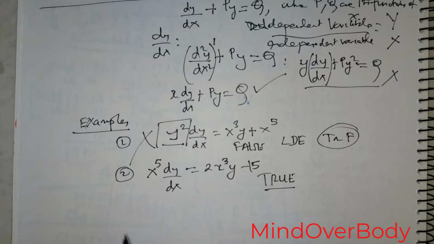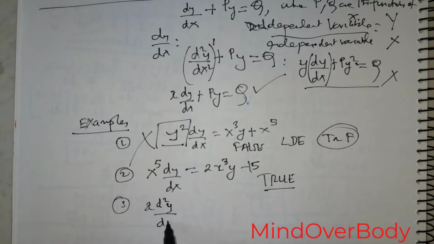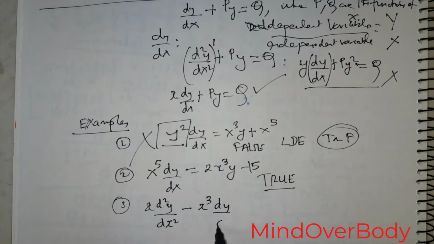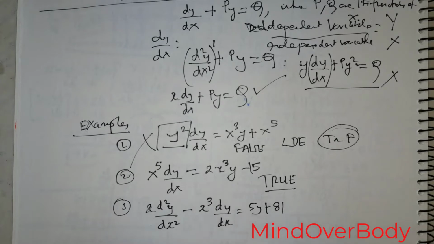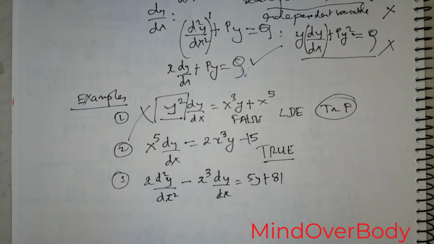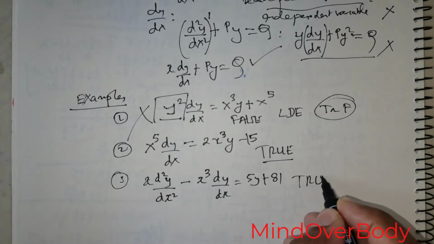So have that in mind. Now, coming to example number 3. Say for example you got something like this: x times d squared y over dx squared minus x to the power of 3 dy over dx is equal to 5 times y plus some 81. Is this an LDE, a linear differential equation? Of course, the answer is going to be true.